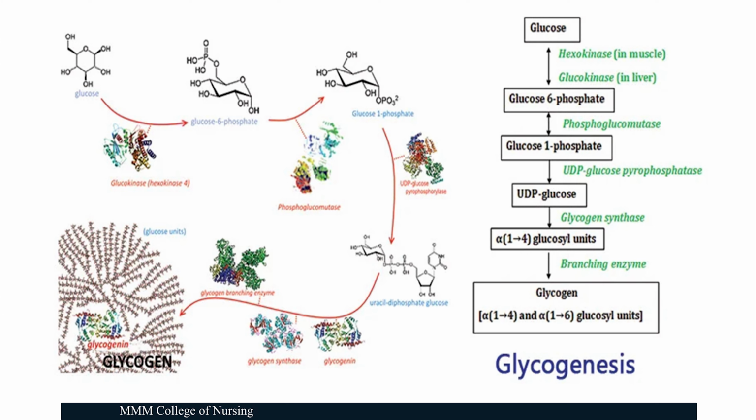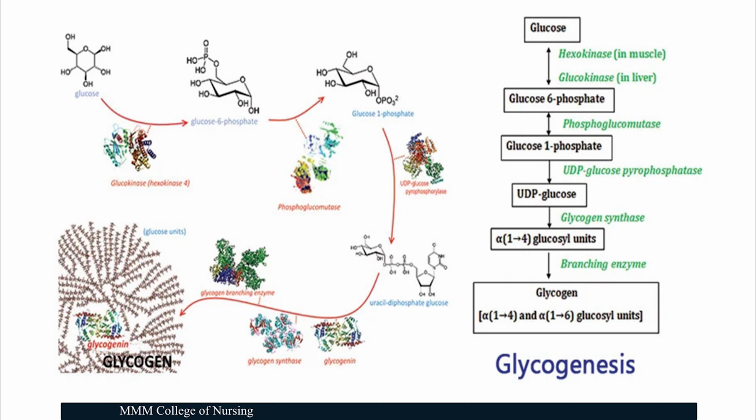Then glycogen synthase adds glucose units to form alpha 1,4 glycosyl units, the long chains, and finally the branching enzyme creates the alpha 1,6 branches, giving us the final glycogen molecule with both alpha 1,4 and alpha 1,6 glycosyl units.